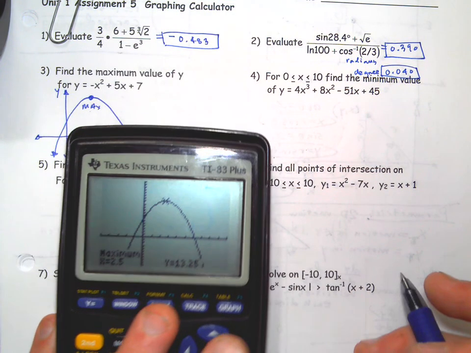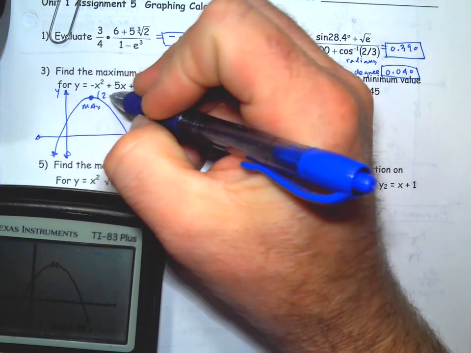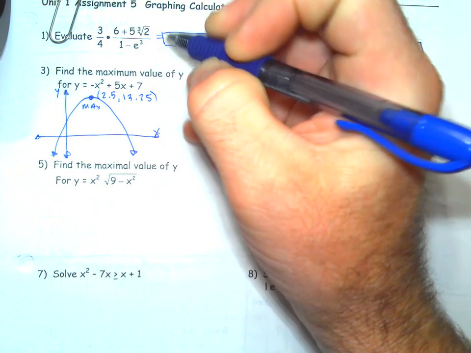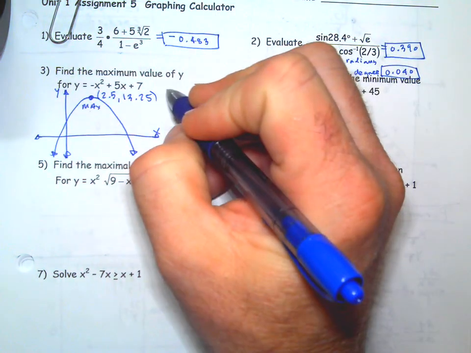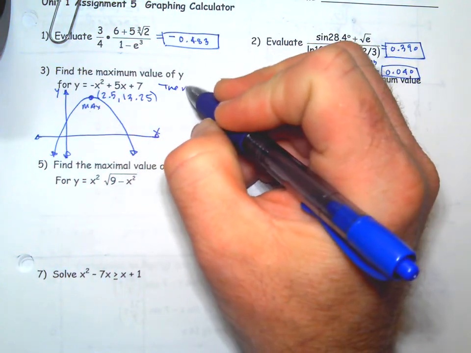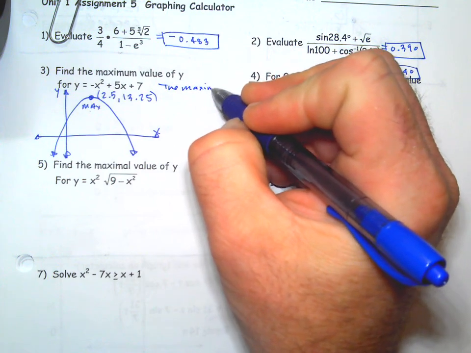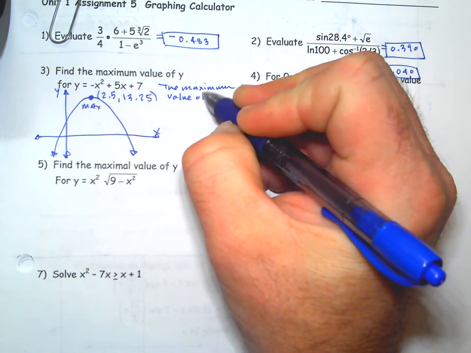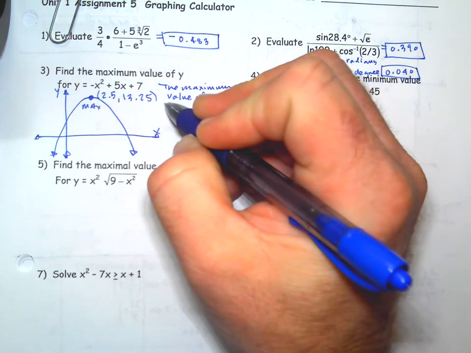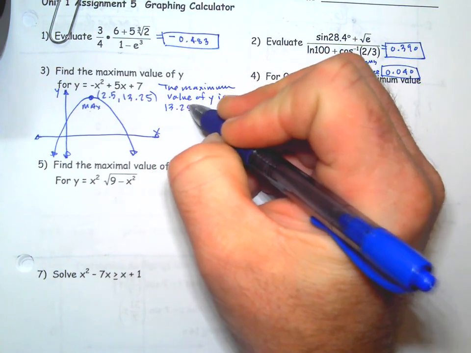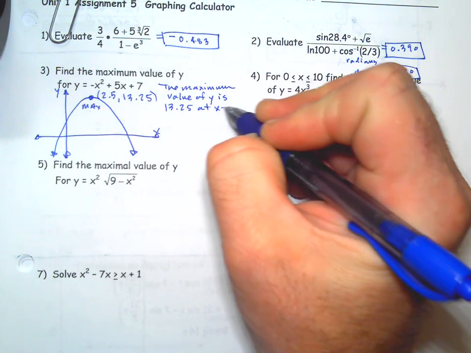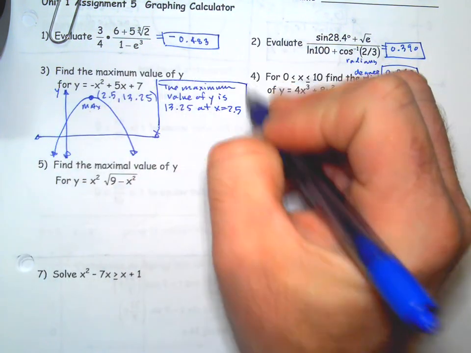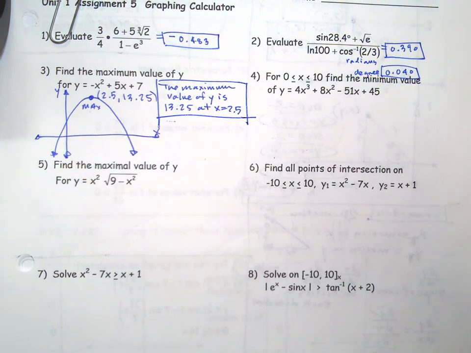It is, wow, exactly 2.5, comma 13.25. Now, the way you're going to write your answer is you're going to say the maximum value of y is 13.25 at x equals 2.5. That's the way I want you to write your answers, max and mins.